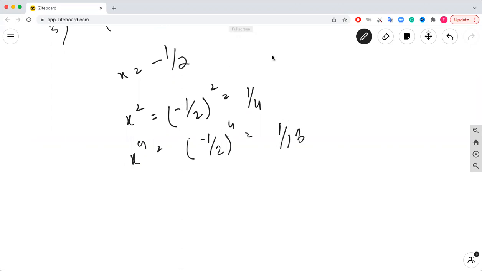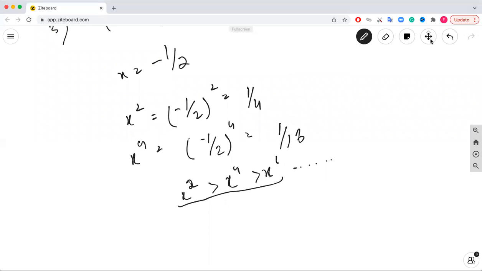Again, as I increase the even power, the value decreases. Which means x square is greater than x power 4, is greater than x power 6, and so on. If you notice closely, this is the same pattern as in the range of 0 and 1.